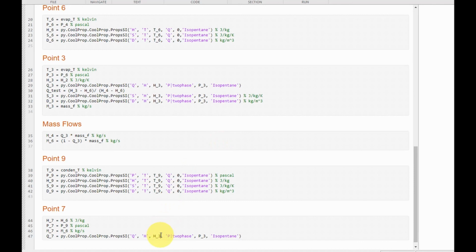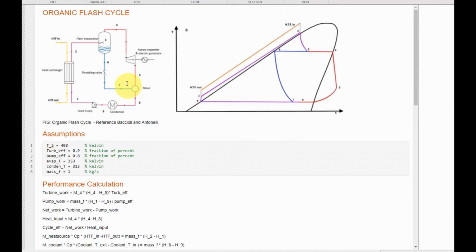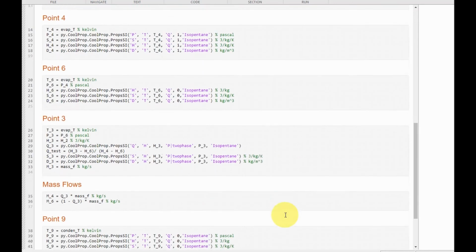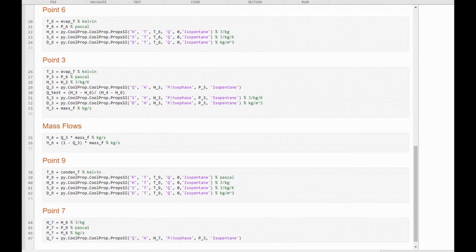And here I have it as H7. Because the fluid coming in is in its liquid phase, I can just change that to liquid. And then I can specify the pressure, which is P7.